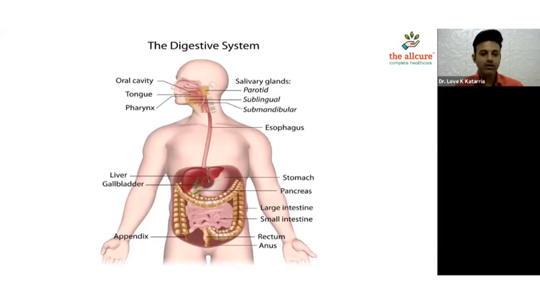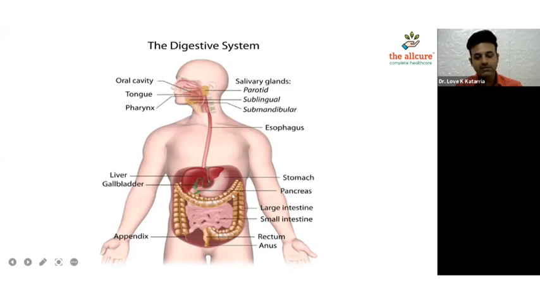Protein gets converted into amino acids, and fats get converted into fatty acids. So they get absorbed there. That is the pure essence, the pure part of the fluids and the food. The impure part is pushed to the large intestine.